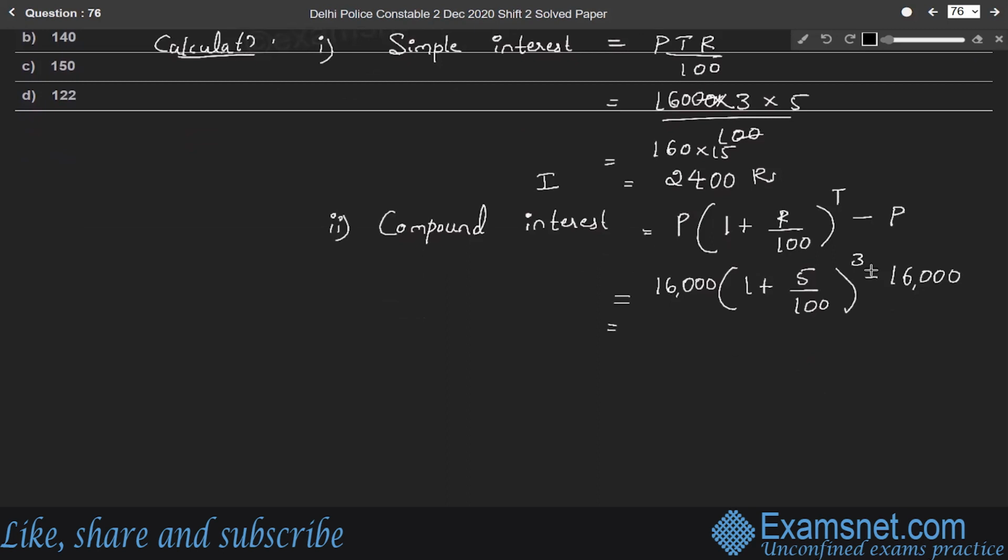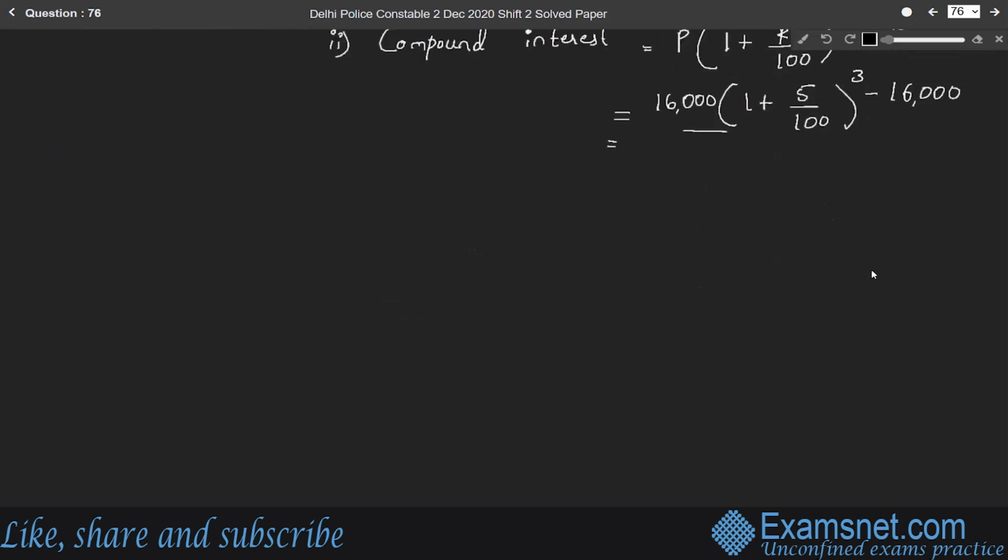Therefore, we have two parts here. Simplify this part first. First part: 16,000 into 105 by 100 to the power of 3. So which is equal to 16,000 into 105 into 105 into 105 divided by 100 into 100 into 100.